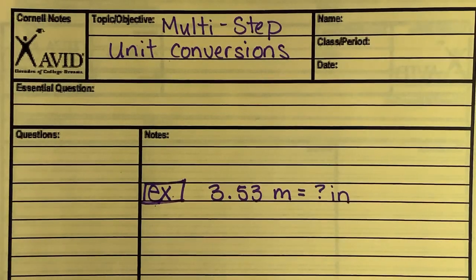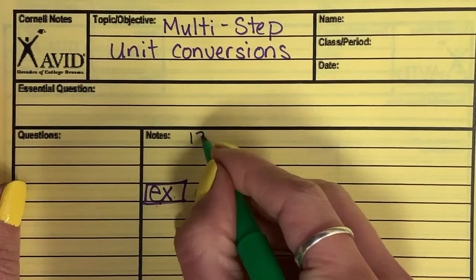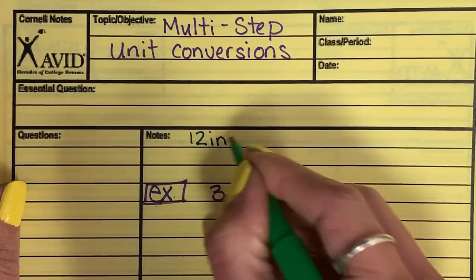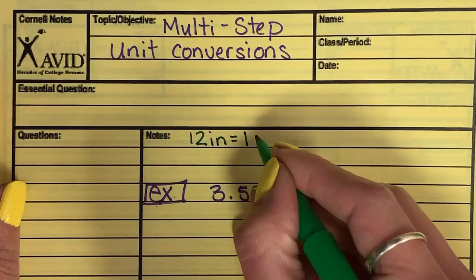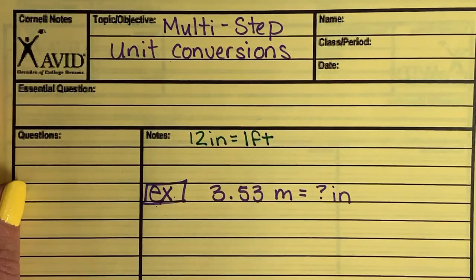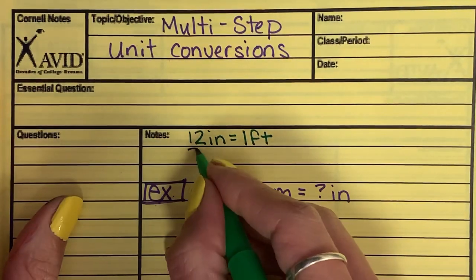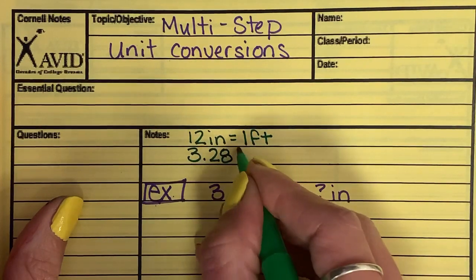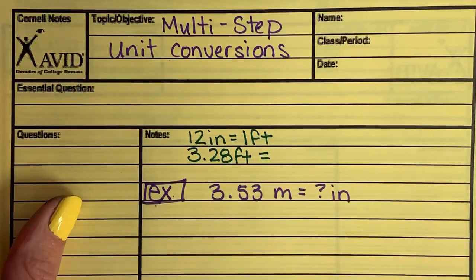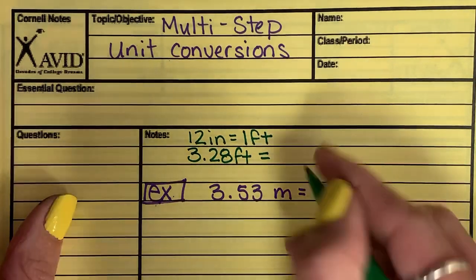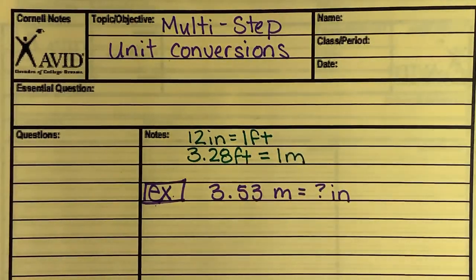What I'm told instead is that 12 inches are equal to 1 foot. And I'm told that 3.28 feet are equal to 1 meter. So in this case, I have two different equivalent statements, and I'm going to have to use them first.